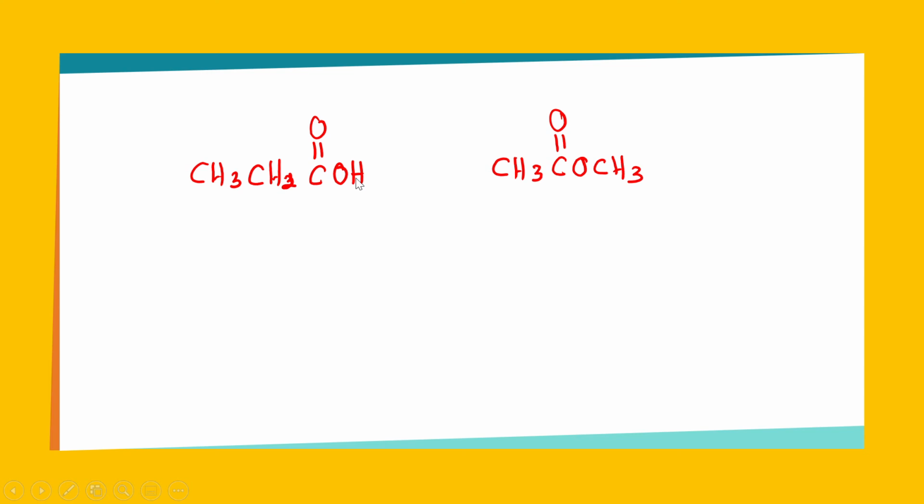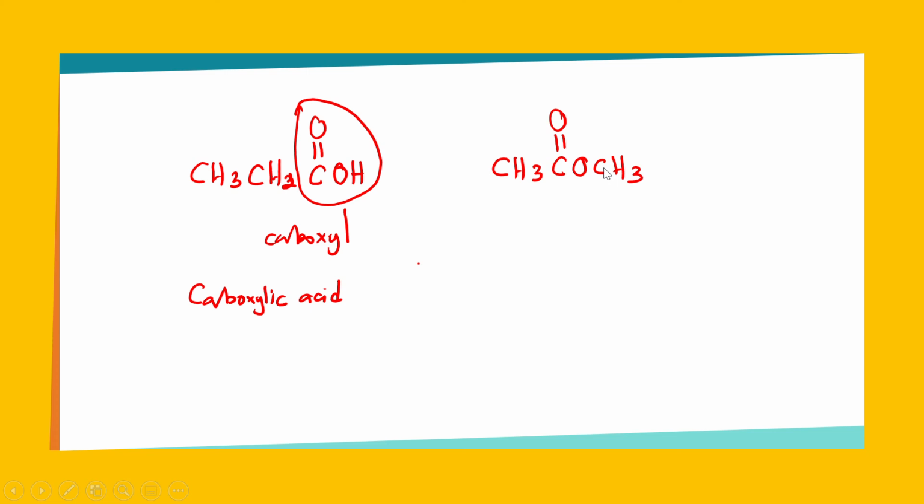So because of that, the functional group is carboxyl, and the class of the compound is carboxylic acid. And for this one, we have C double bond O, O, so almost the same as this one. The difference is this C here.